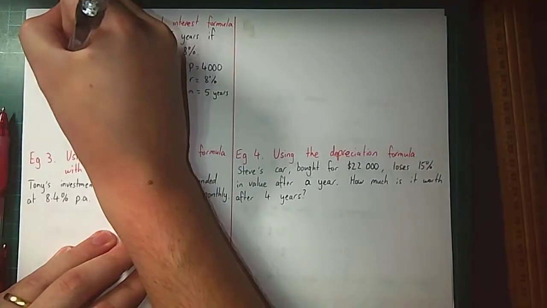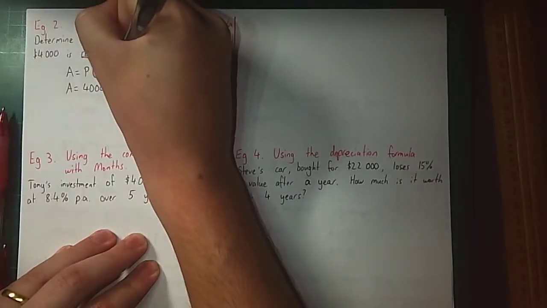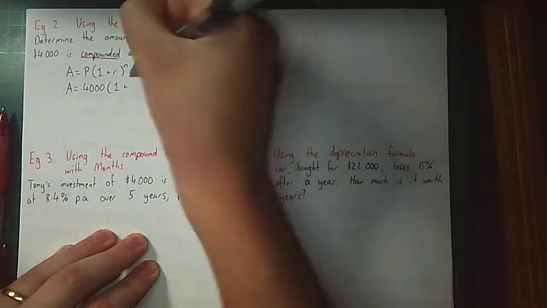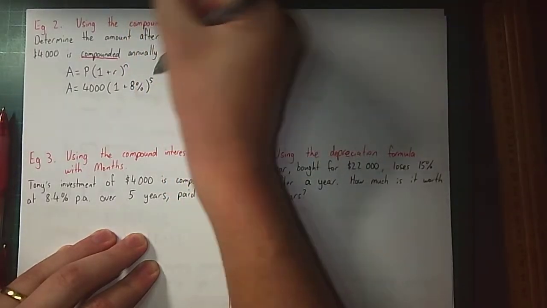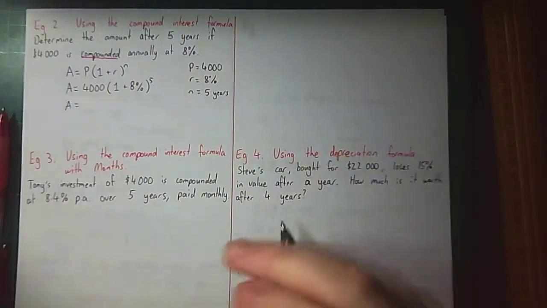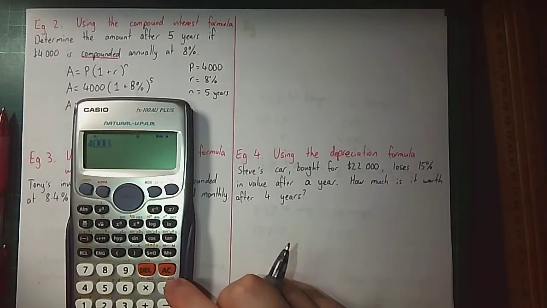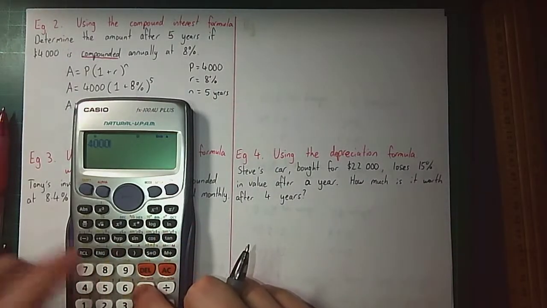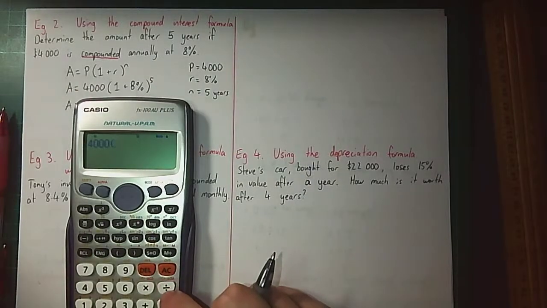So when we do this, we'll write it first. We've got our A is equal to 4,000 inside of 1 plus our rate is 8%, to the power of N, which is 5 years. So when we type it into our calculator, we've got 4,000, and you can do times. If you don't do times, the calculator still knows that when there's brackets, it's being multiplied.